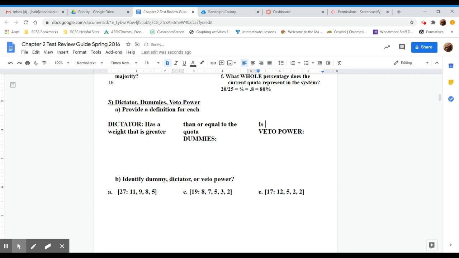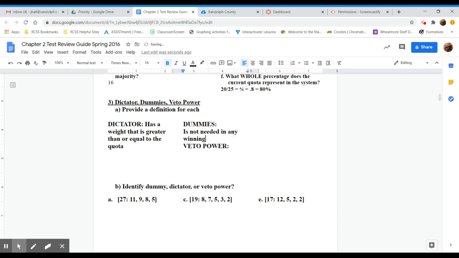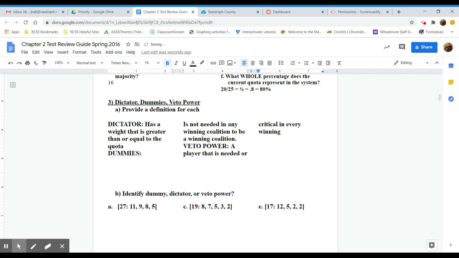A dummy is not needed in any winning coalition to be a winning coalition. Meaning that if we took this player out, the coalition would still be a winner. Veto power is a player that is needed or critical in every winning coalition.